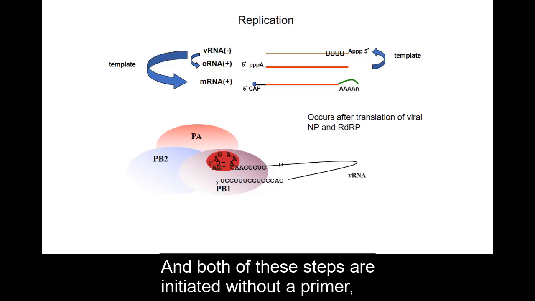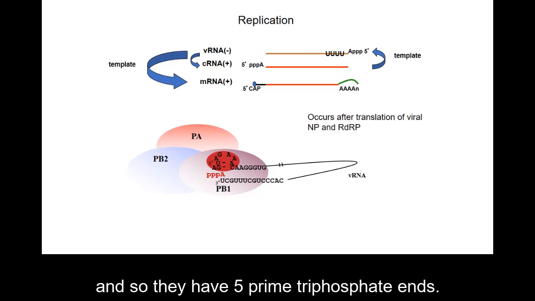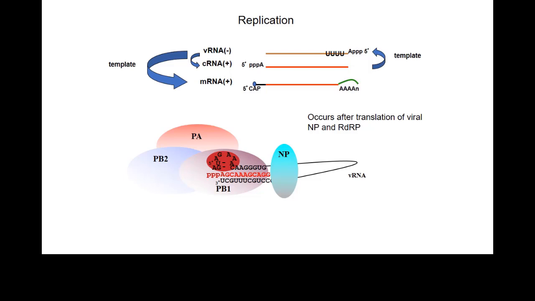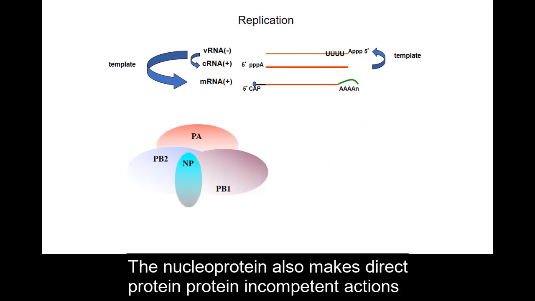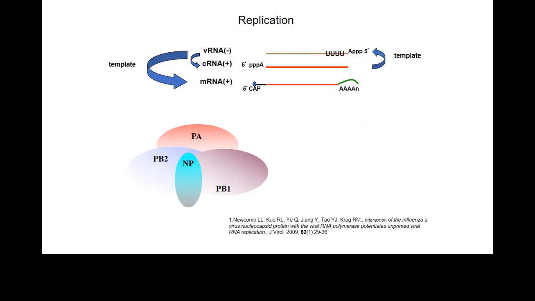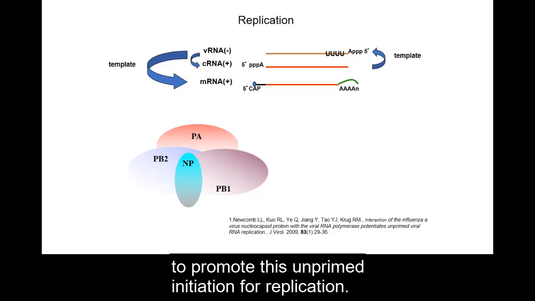And both of these steps are initiated without a primer, and so they have 5' triphosphate ends, and they require the nucleoprotein to bind both the cRNA and the vRNA template. The nucleoprotein also makes direct protein-protein interactions with the viral polymerase, and that's thought to promote this unprimed initiation for replication.